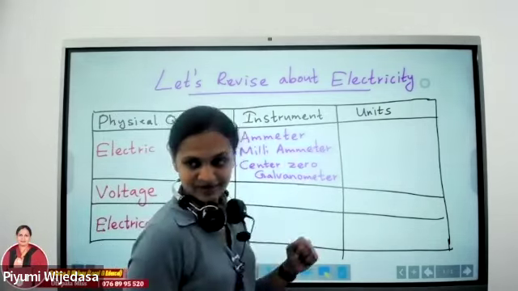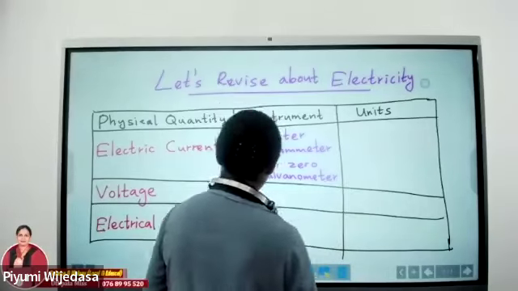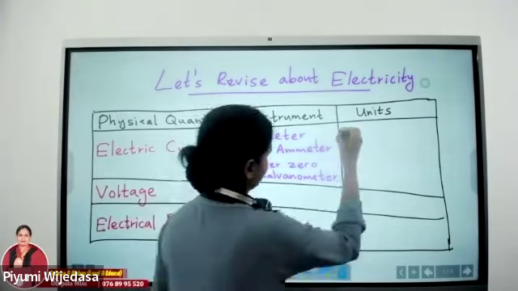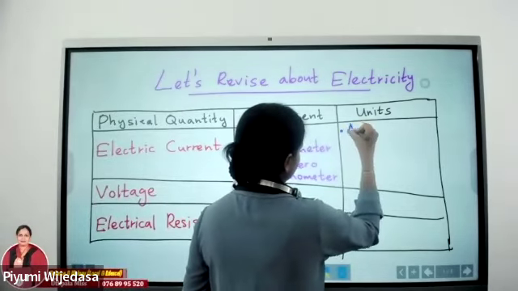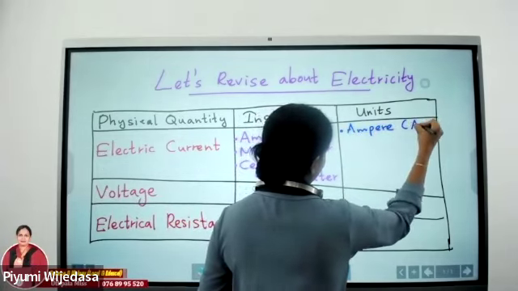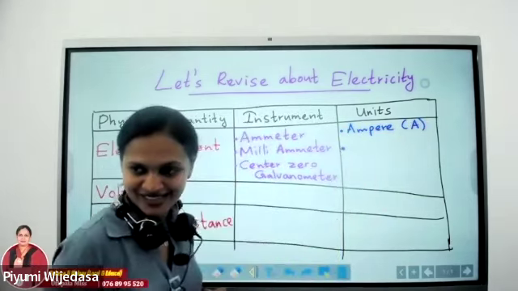In the ammeter, the unit used is? Ampere. Ampere, that is symbolized as capital A. Then milliammeter, the unit used is?